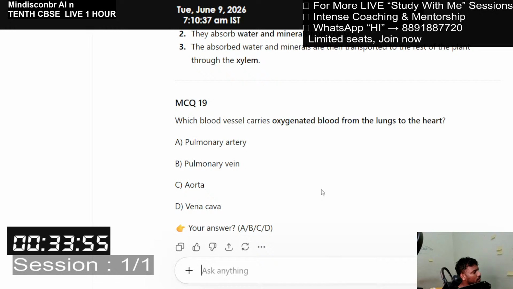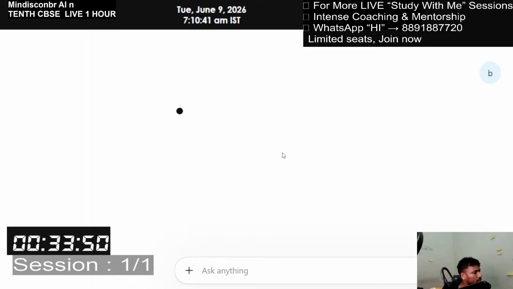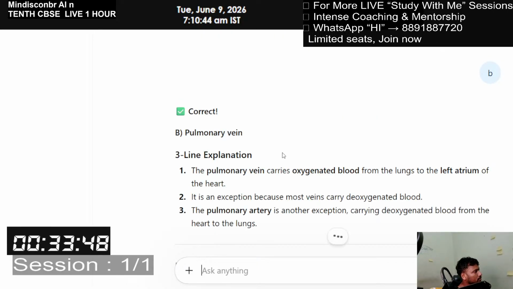Pulmonary vein. The pulmonary vein carries oxygenated blood from lungs to the left atrium of the heart. It is an exception because most veins carry deoxygenated blood. The pulmonary artery is another exception, carrying deoxygenated blood from the heart to lungs.